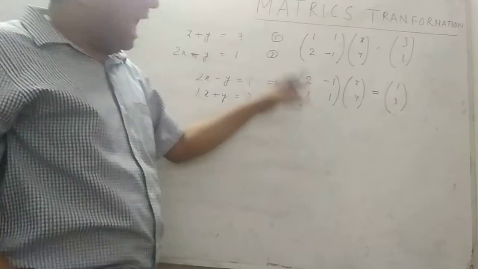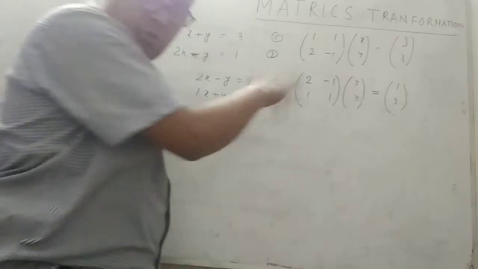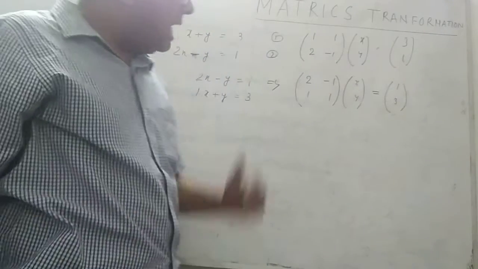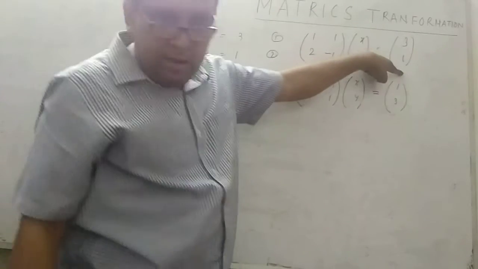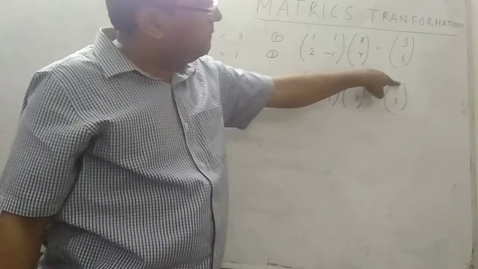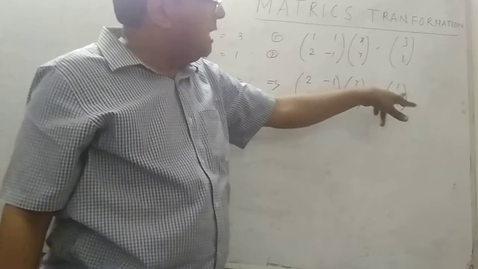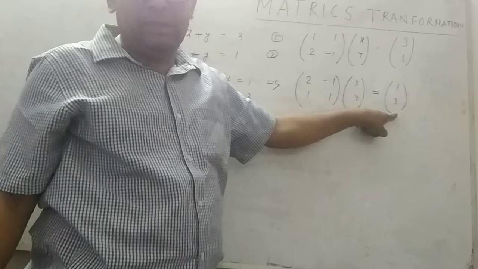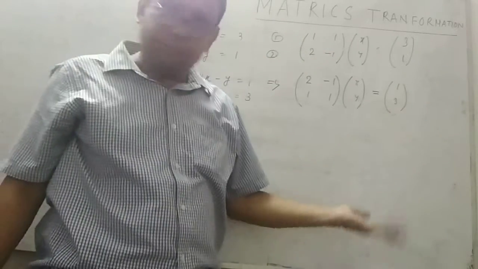And whatever I have done in this matrix, the same activity I have done on the right hand side. Just see 3, 1 and here it is 1, 3. That means row 2 of the first equation has been written here and row 1 has been written over here. So both these matrix expressions are the same.